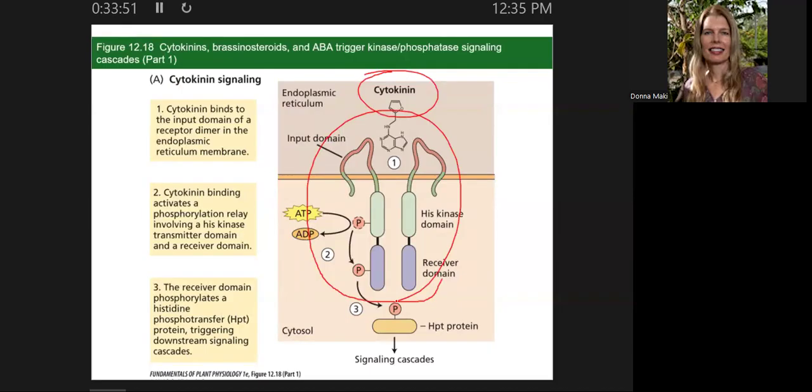And then that activates the sensor kinase to hand off its phosphate to the next player in the game, or the next runner in the race. And then you see they just truncated it and said, and then it just keeps going. You have a signaling cascade. And then eventually the gene expression will shift in some way. So they're just zeroing in on the first steps here.